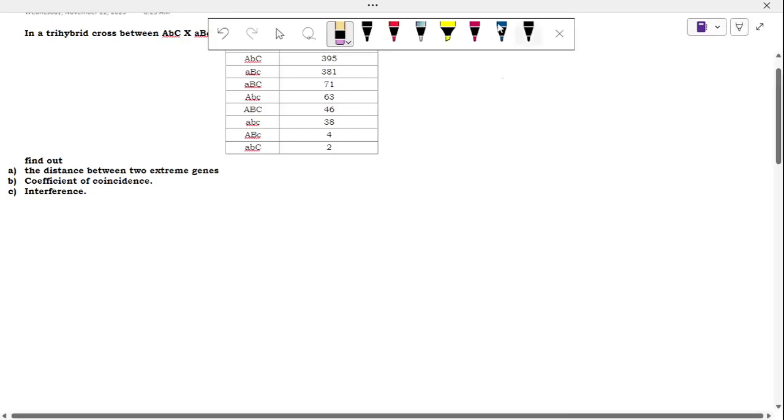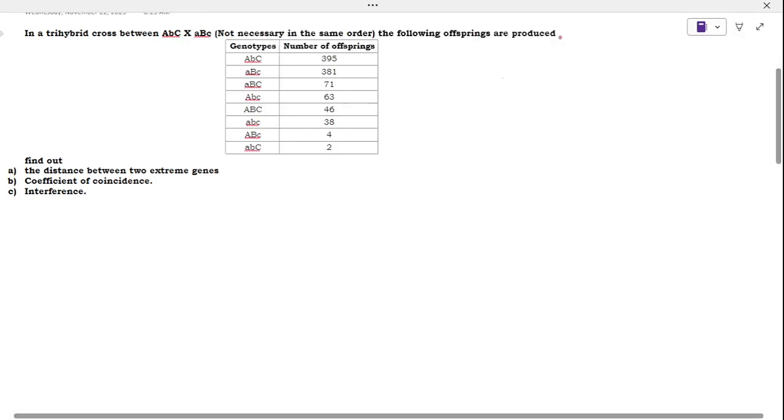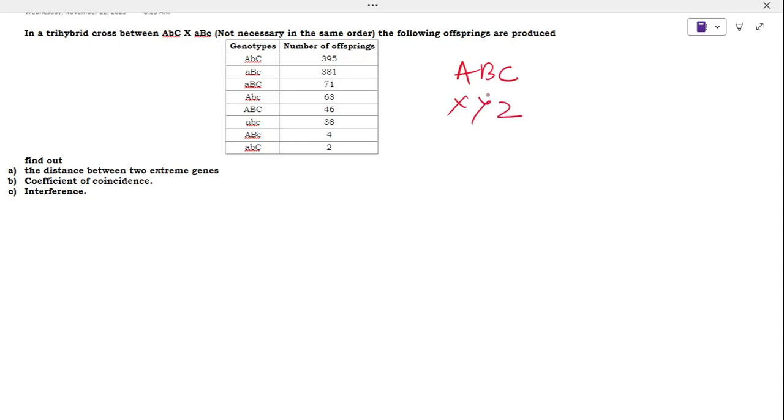So we first go for finding out the parental combination and double crossing over. Assume that A, B, C and X, Y, Z are there. If the crossing over happens in this part, this is called a single crossing over product. It gives the combination A, Y, Z and the remaining X, B, C. This is the single crossing over product with respect to AB or XY.